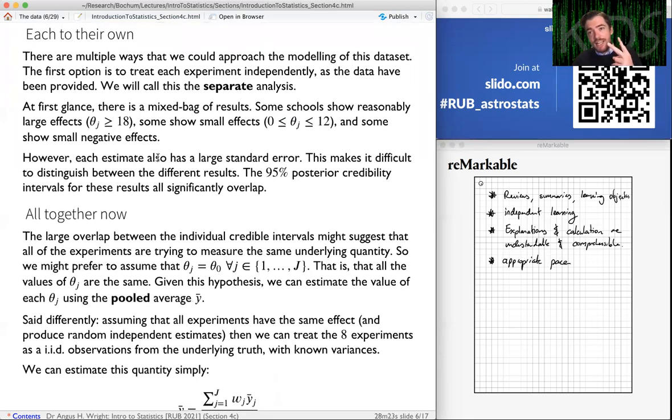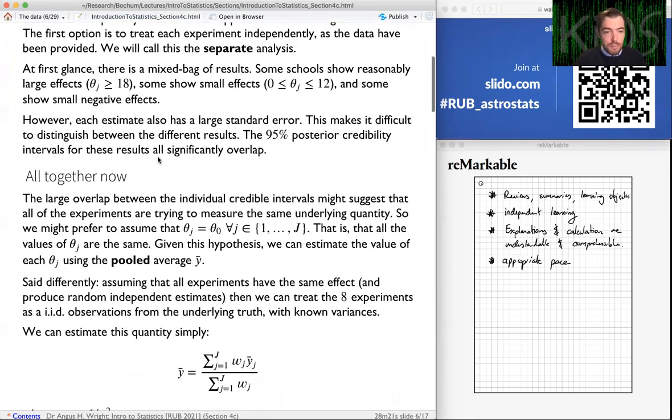And so our second possible model might be that instead of using independent thetas for all schools, we can just take one value of theta, the true value that works for every single school.